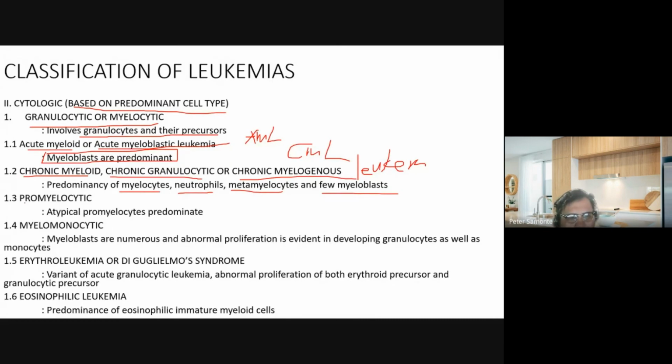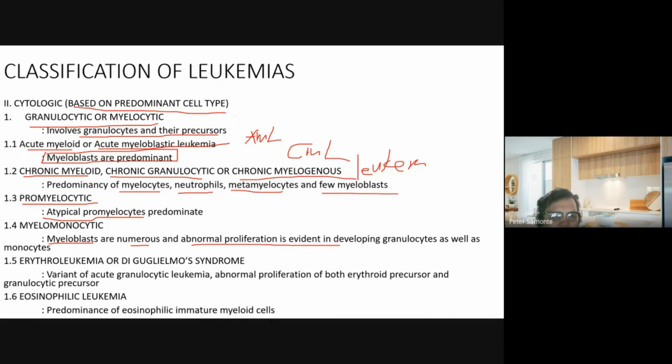Another one would be your pro-myelocytic. You would have the presence of atypical pro-myelocytes. And then another one would be your myelomonocytic. In myelomonocytic class, myeloblasts are numerous and abnormal proliferation is evident.